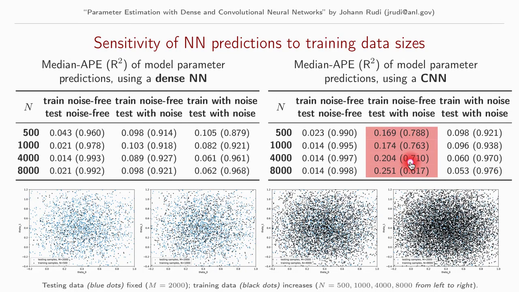Another sensitivity analysis that we have performed is how much training data is required to be able to have fairly good predictions of parameters. As you can see, for the different cases of training and testing, noise and noise-free, our training data varies from 500 samples up to 8,000 samples.